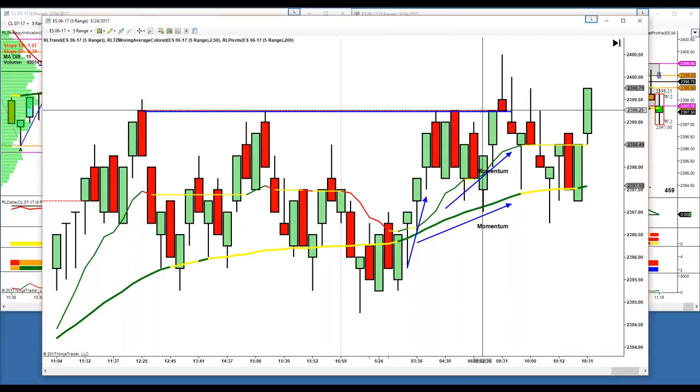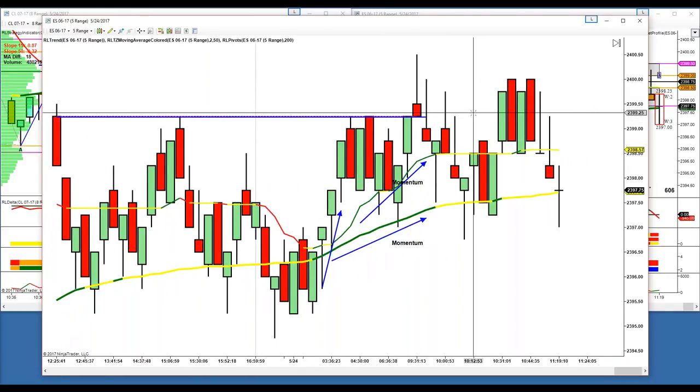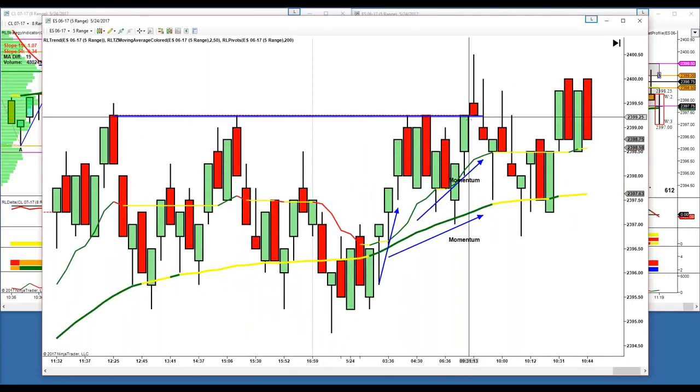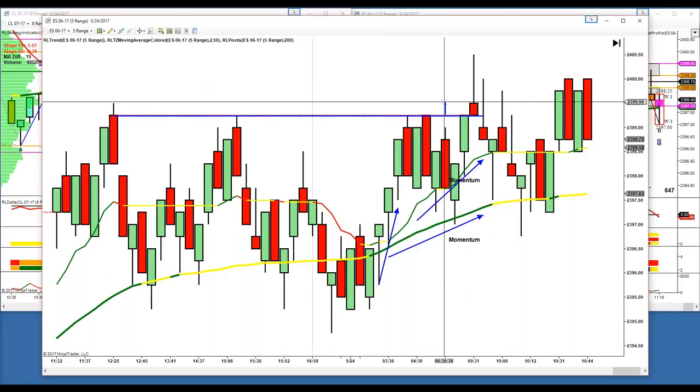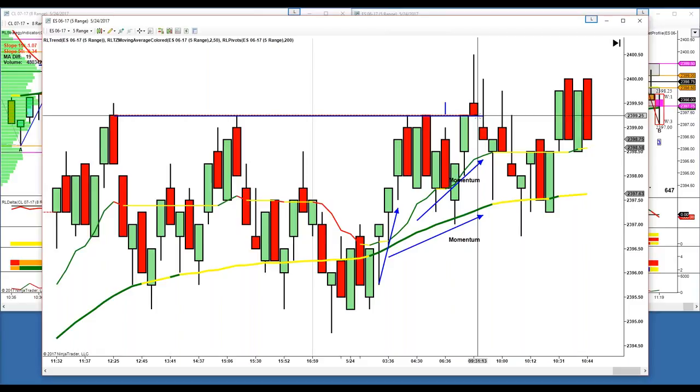Now the other thing about the pivots is that they're coded so that they are only going to break when there's a 2/3 candle body close above the pivot. That will break the pivot. You see right here, this is a down pivot, but the entire candle body closed above.